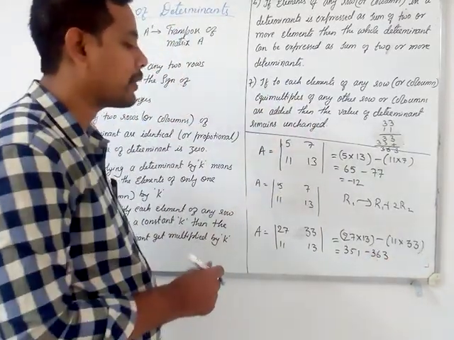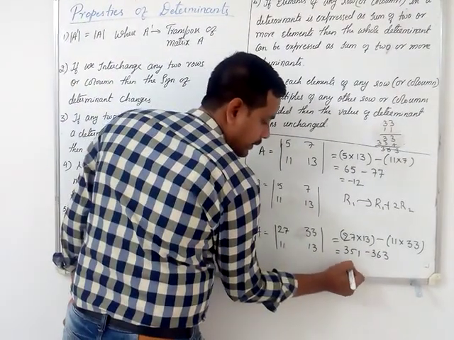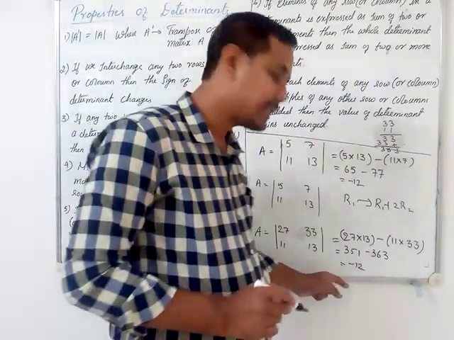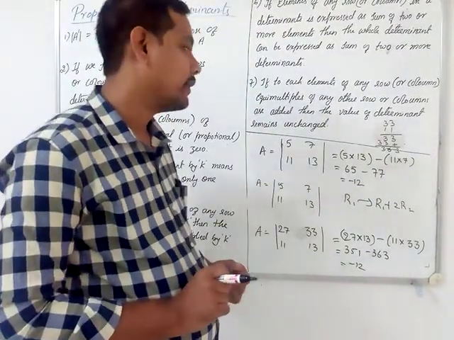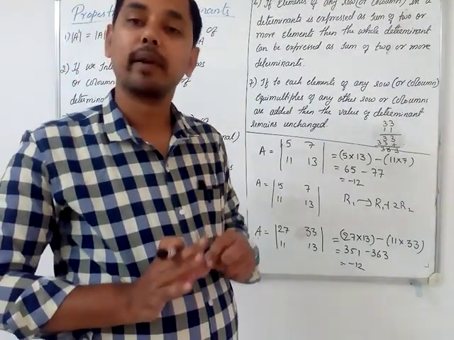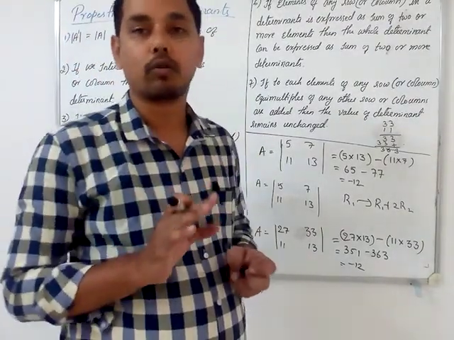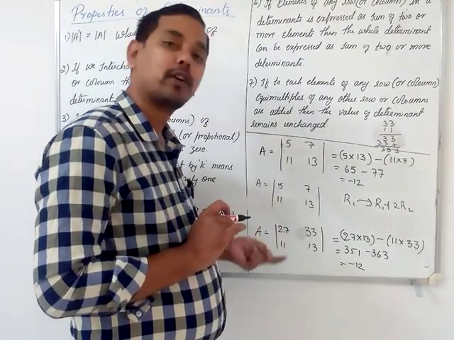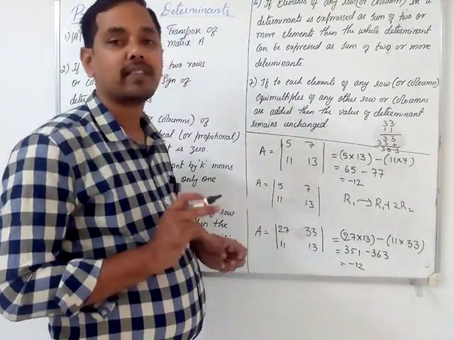So what is 351 minus 363? Minus 12. You can see here, this is minus 12 and this is also minus 12. The meaning is, if you multiply any number to any other row and add it to some row or column, here I have multiplied 2 to the second row and added it to the first row, the value remains unchanged.